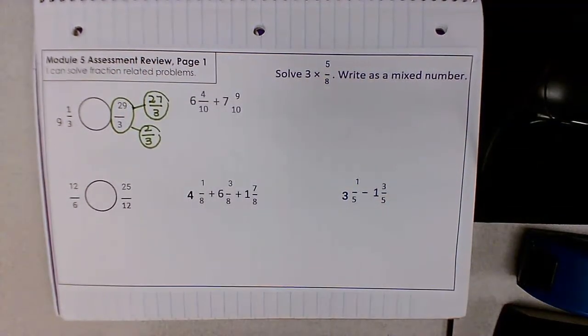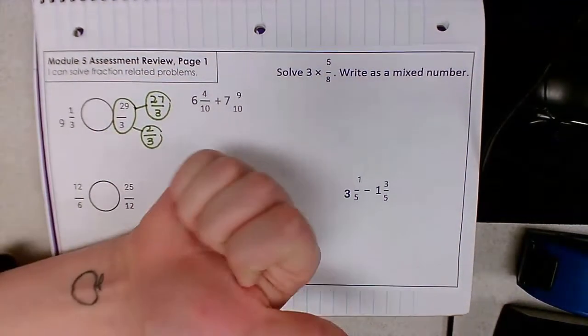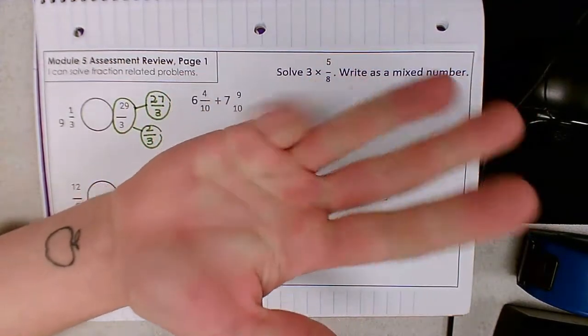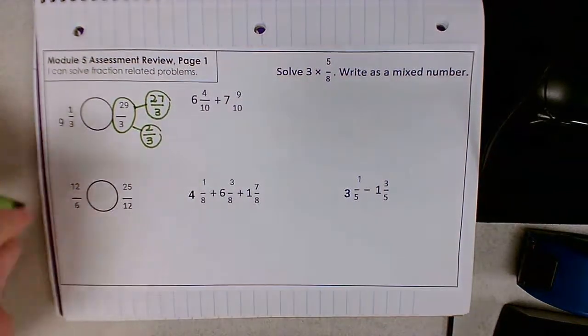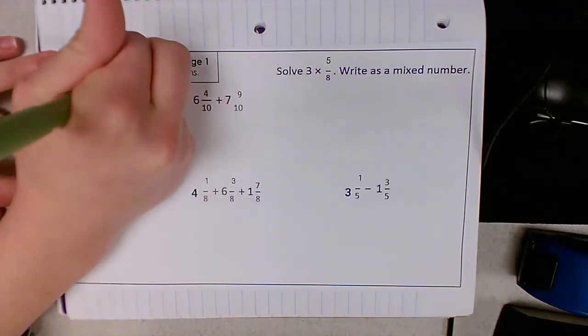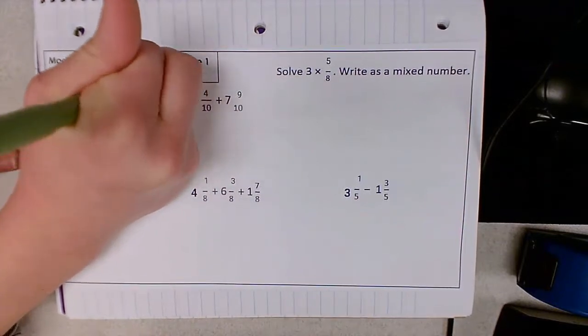So if 29 thirds was a mixed number, it would be 27 thirds, which is, let's count up how many groups that was again, 3, 6, 9, 12, 15, 18, 21, 24, 27, also 9, and our leftover fraction, 2 thirds.